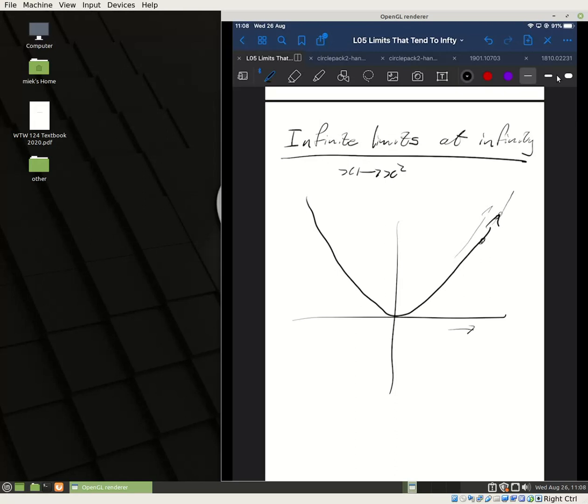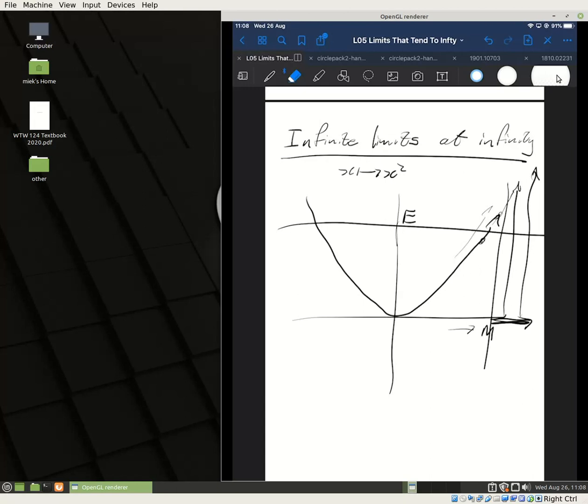So we are going to say for every large number capital E, there exists some number m, so that everywhere beyond this m, all the function values lie above, or are bigger than, E. That is the idea.